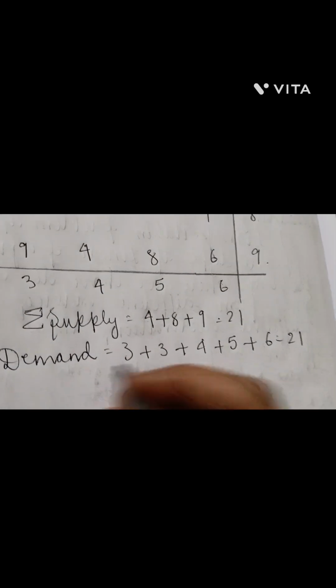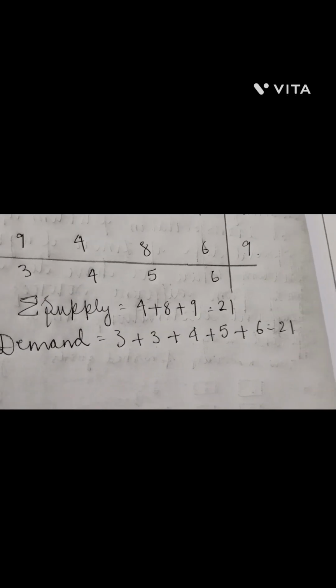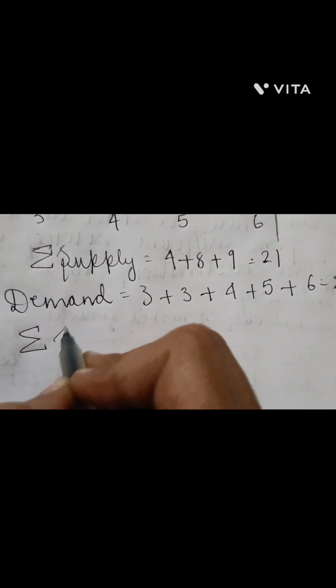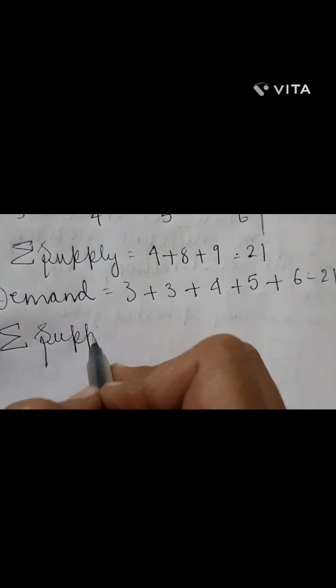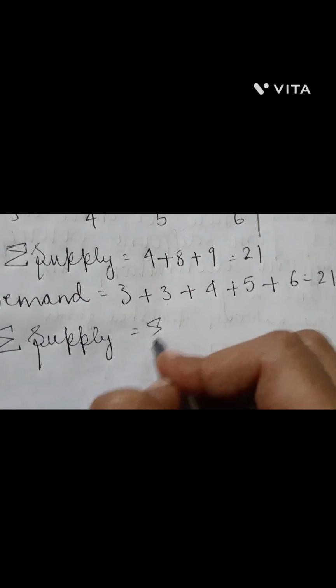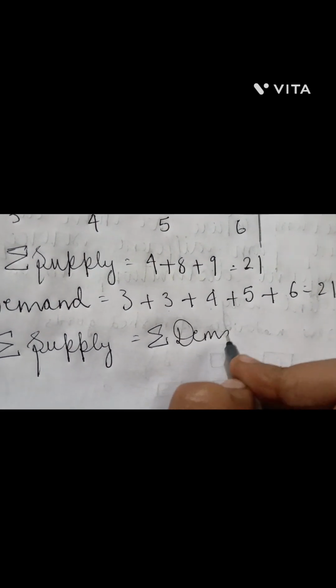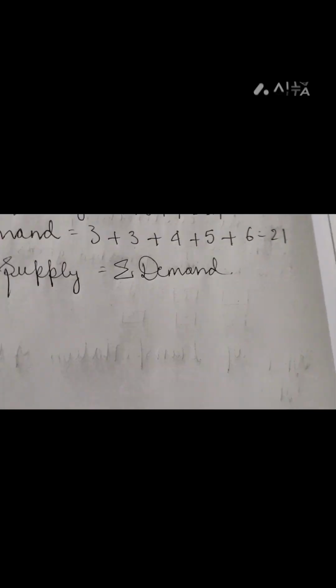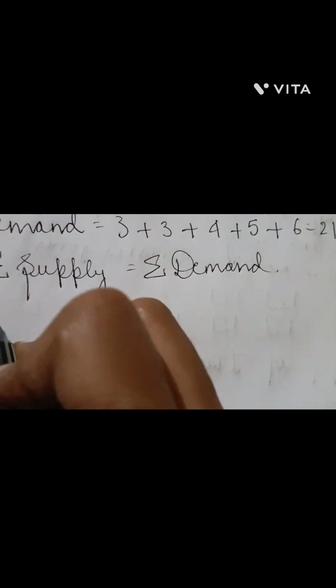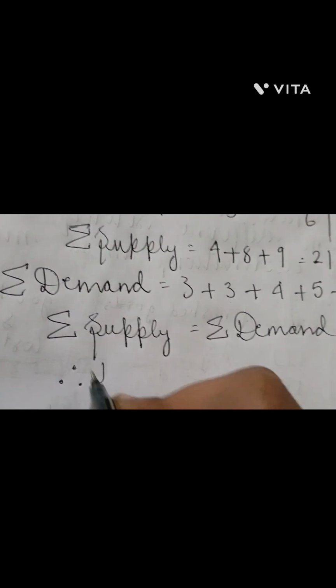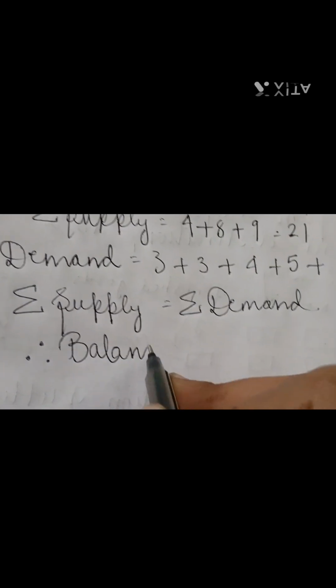Add all of this and we get 21. Since the supply and demand are both the same, it is therefore a balanced problem. So we can move on and solve it with the northwest corner method.